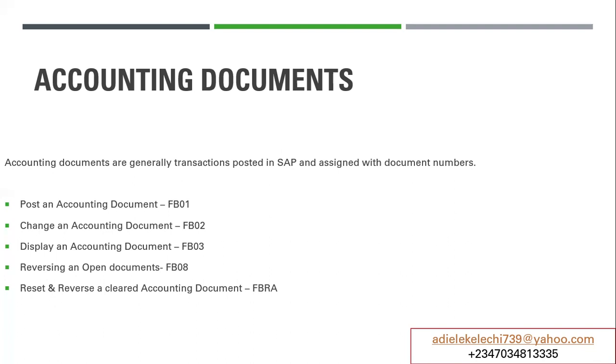The first is to post an accounting document with transaction code FB01, which, of course, if you're around the FICO area, you will know is one of the very important transaction codes because it gives you access to make postings to the master data transactions, both the customer master data, vendor master data accounts, the GLs, and you can do special postings like paying a customer, which is unusual, but normally happens, or receiving from a vendor, or you need to offset an account.